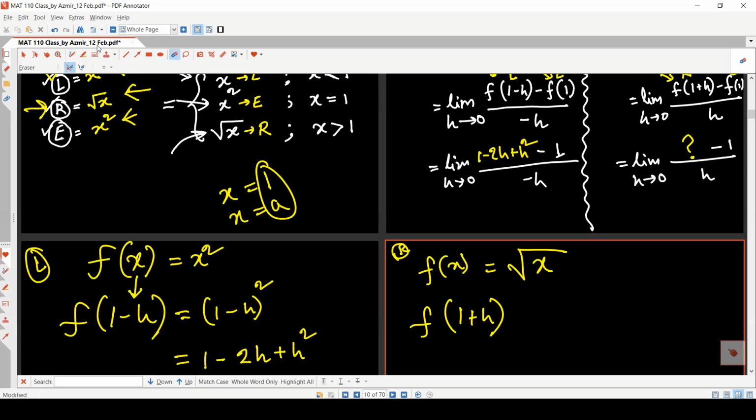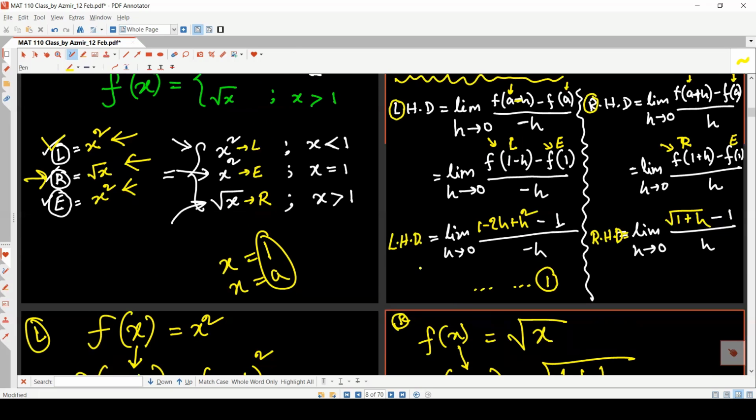So where we have x, we have to input 1 plus a. Done. We can see that we have left-hand derivative and right-hand derivative here. So we can calculate these limits. Let me mention this is equation 1 and this is equation 2.